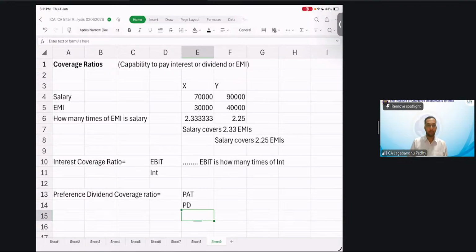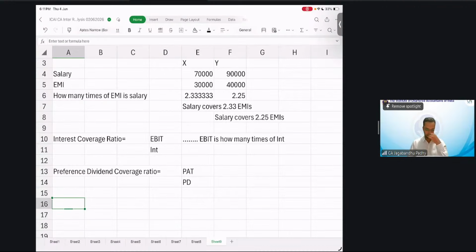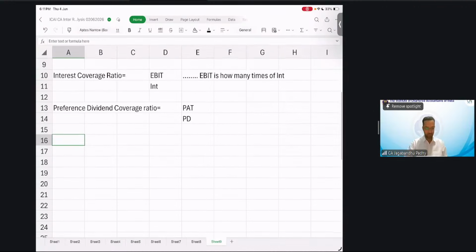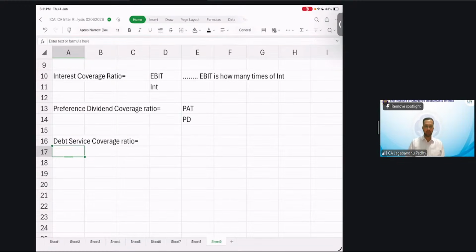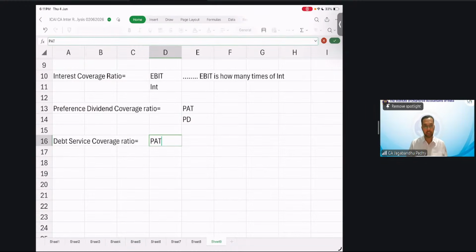Okay. Then the next ratio is debt service coverage ratio. This is going to be calculated as PAT upon, sorry, not PAT, my bad.